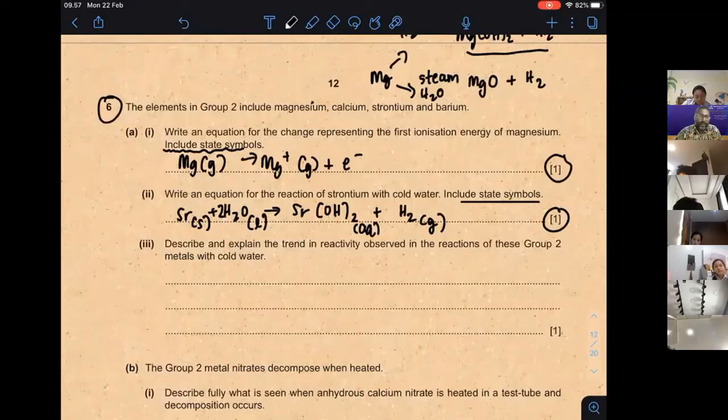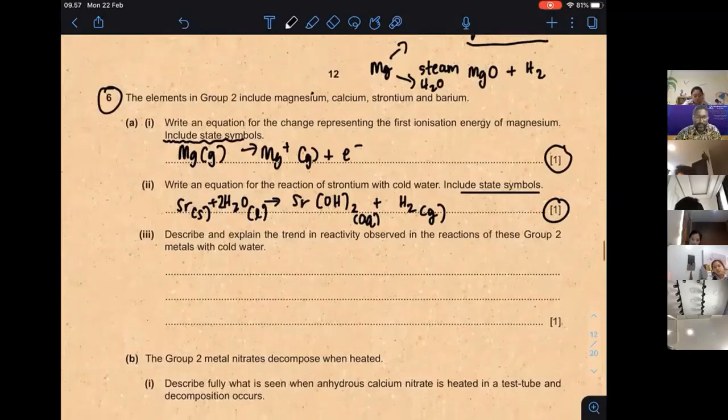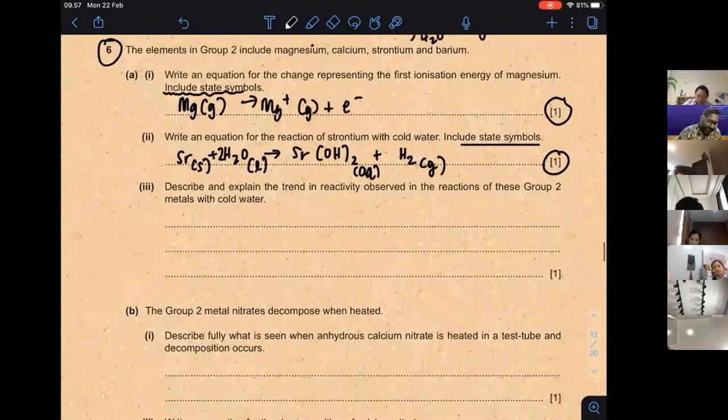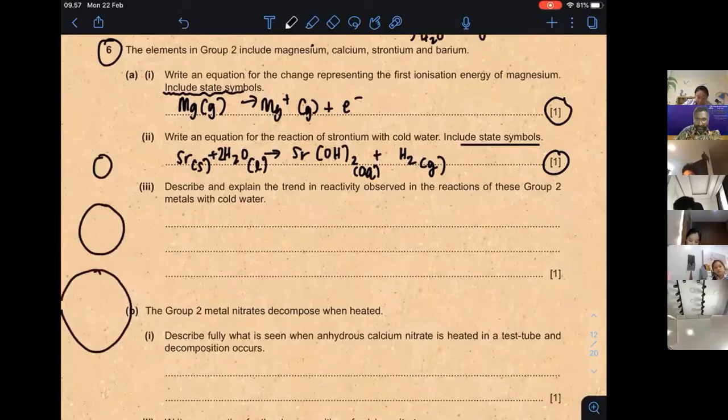Describe and explain the trend in reactivity observed in reactions of these group 2 metals with cold water. Now, this is what I mentioned just now. As you go down, please remember the size is going to increase. When the size is increasing, if you look at the electron also, the ionization energy is going to become lower. Why? Because it's easier to release the electron, because they are further away from the nucleus.